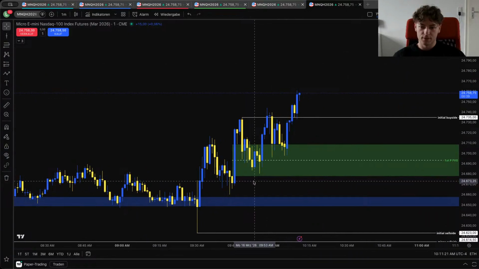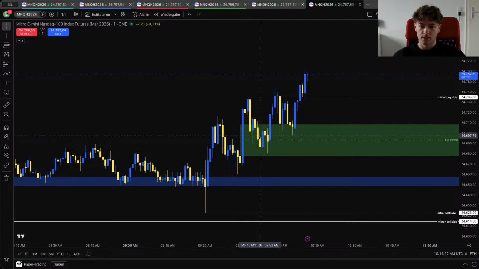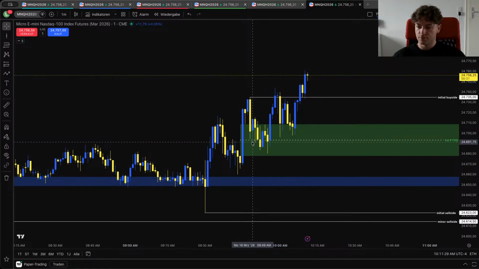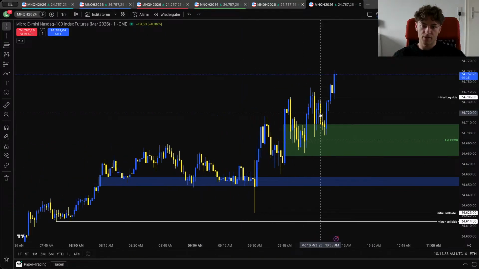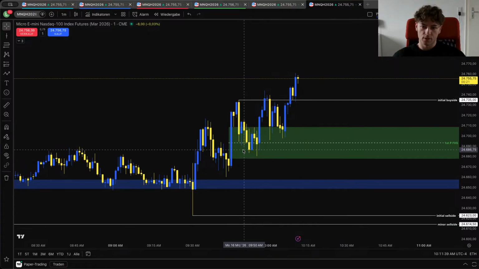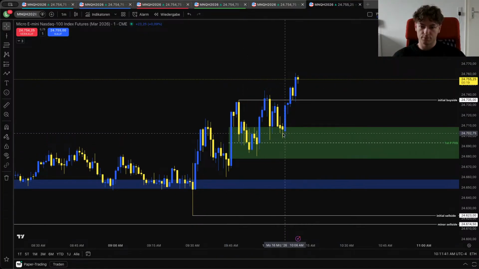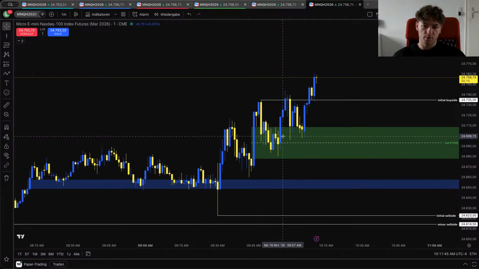So yeah, like I told you, I want to go and look for short setups. If we are able to close below this first percent fair value gap, that never happened. Okay, we respected the first percent fair value gap. Now we traded in the lower half, which is permissible. Why?